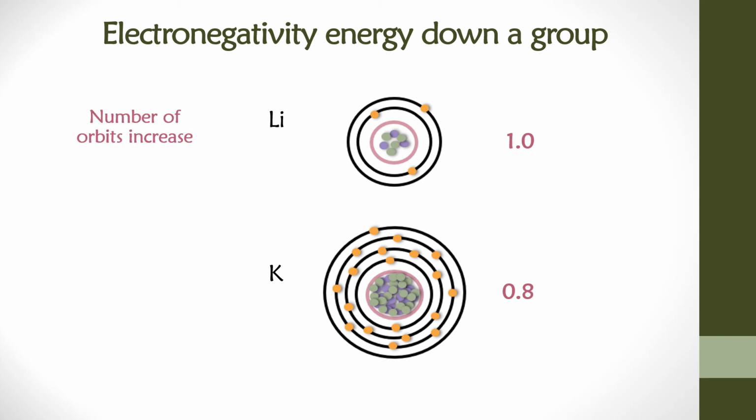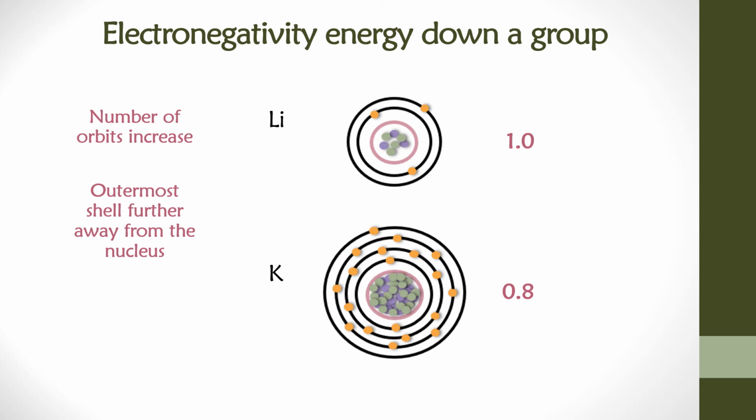Well, because the number of orbits is increasing. That's once again the first reason for anything. The number of orbits increases as we go down the group, and because of that, the outermost shell is now going farther and farther away from the nucleus. So those outermost shells are themselves not having a lot of attraction from the nucleus.